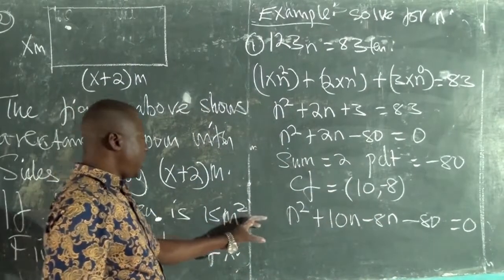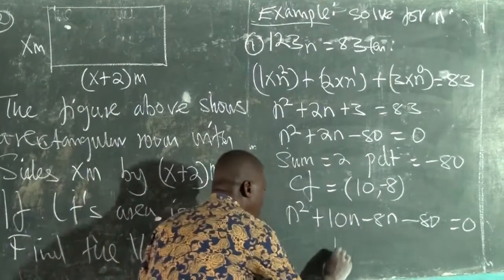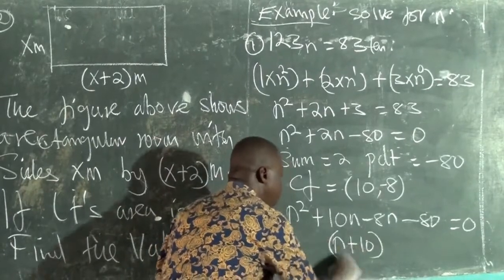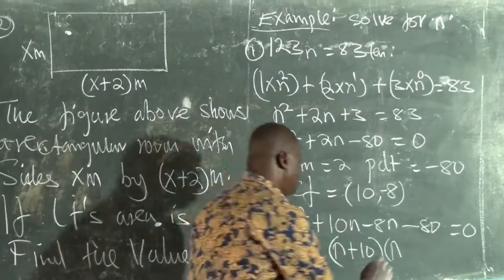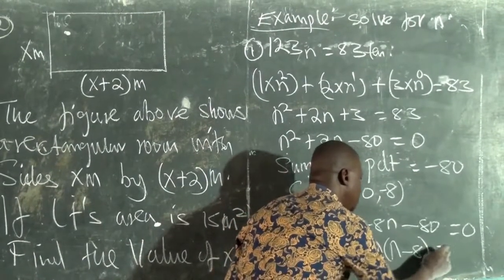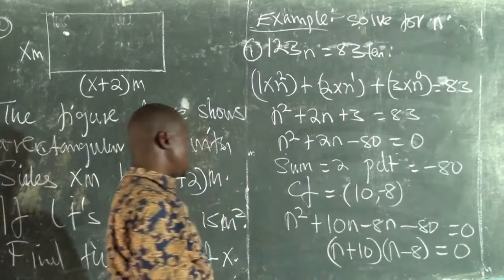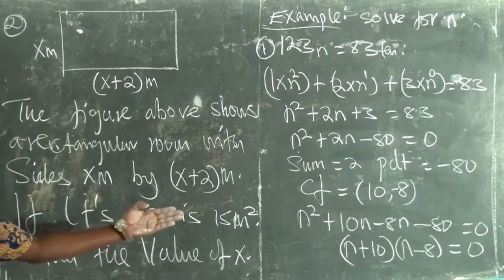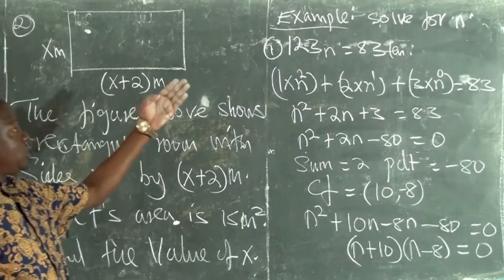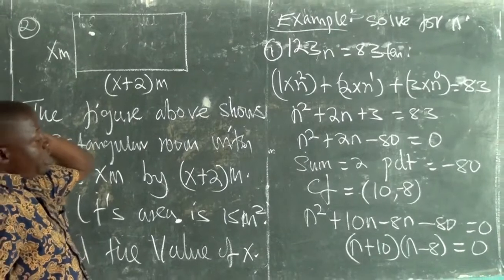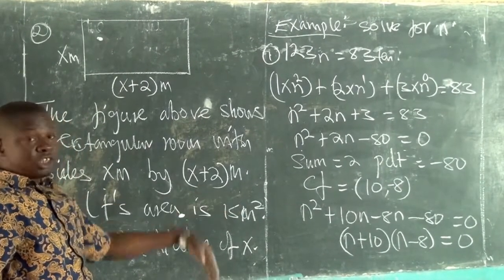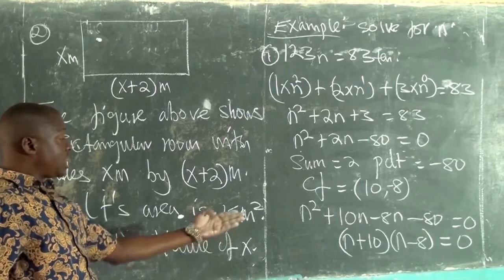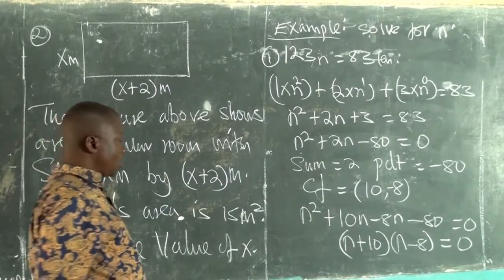We shall summarize everything in the form of n plus 10 and n minus 8 equal to 0. But the question was to solve for n. Consider the first bracket equating to 0 and also the second bracket equating to 0.